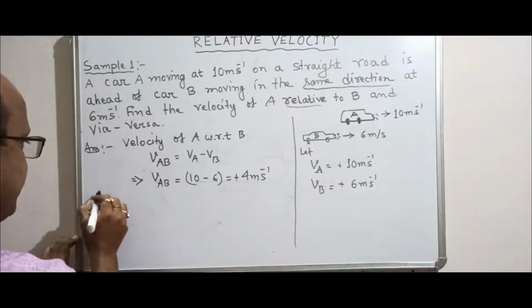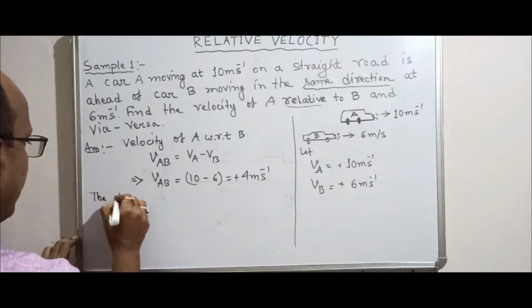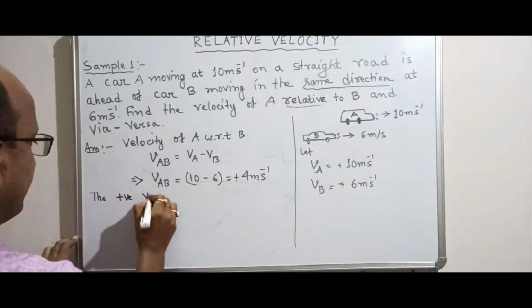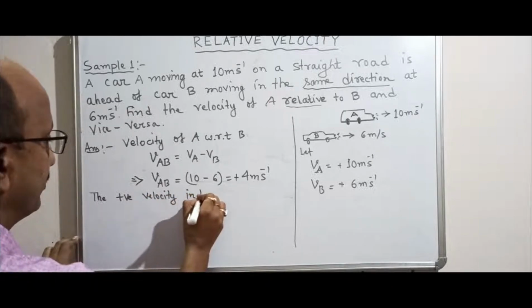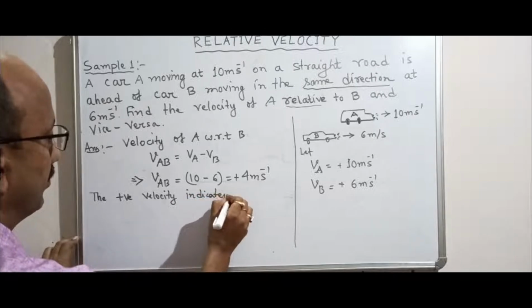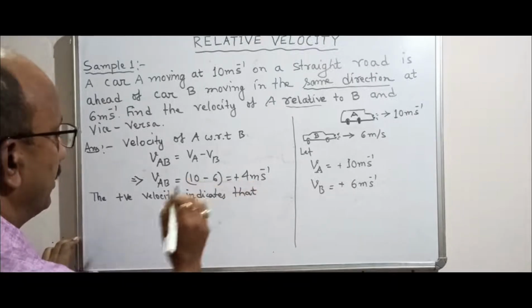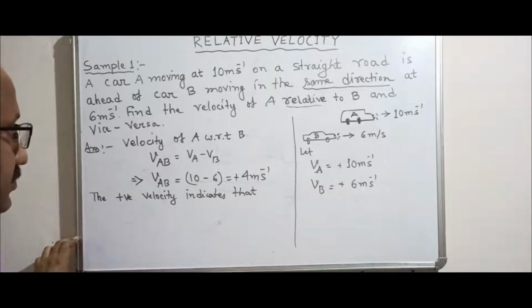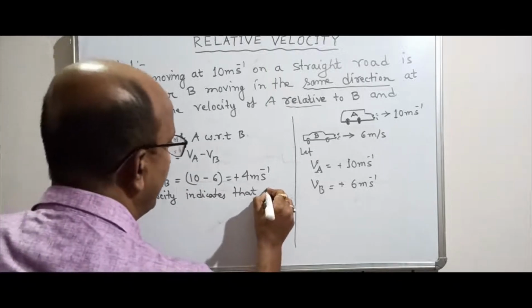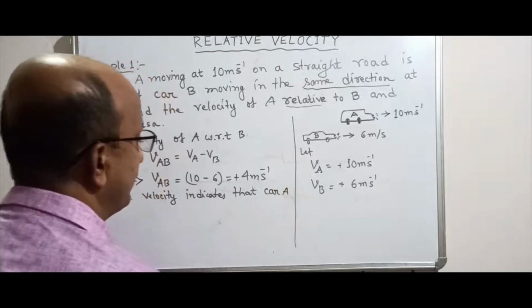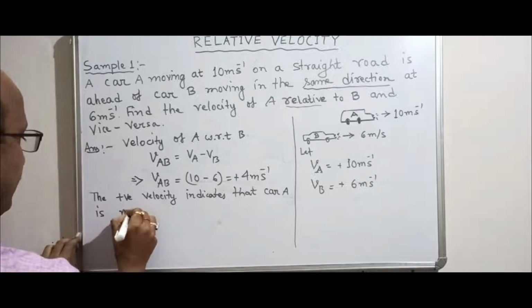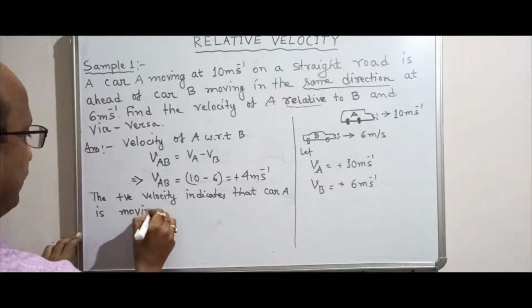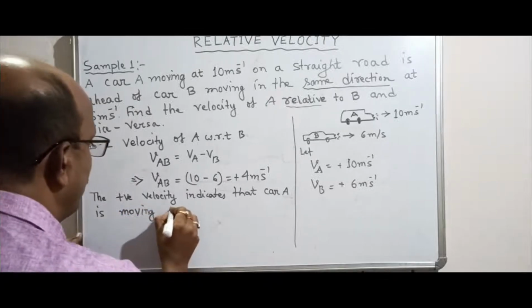So to write, the positive velocity indicates that car A is moving ahead.